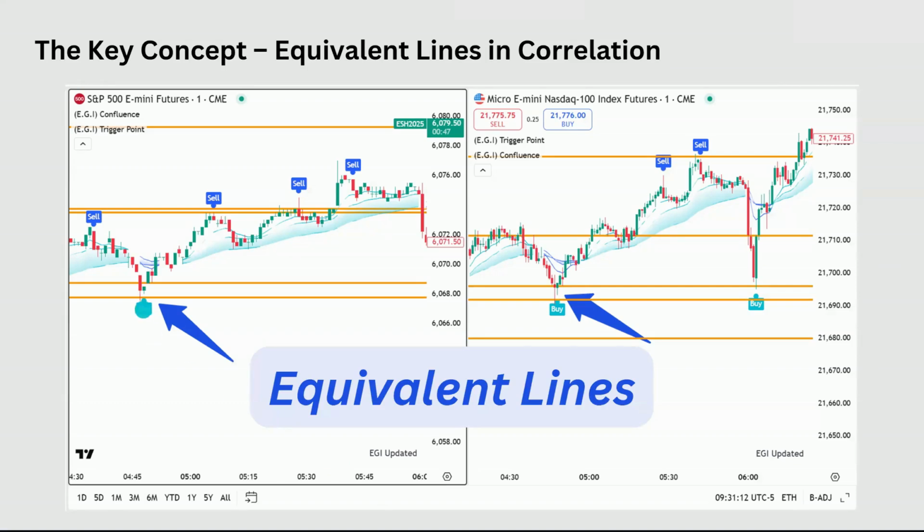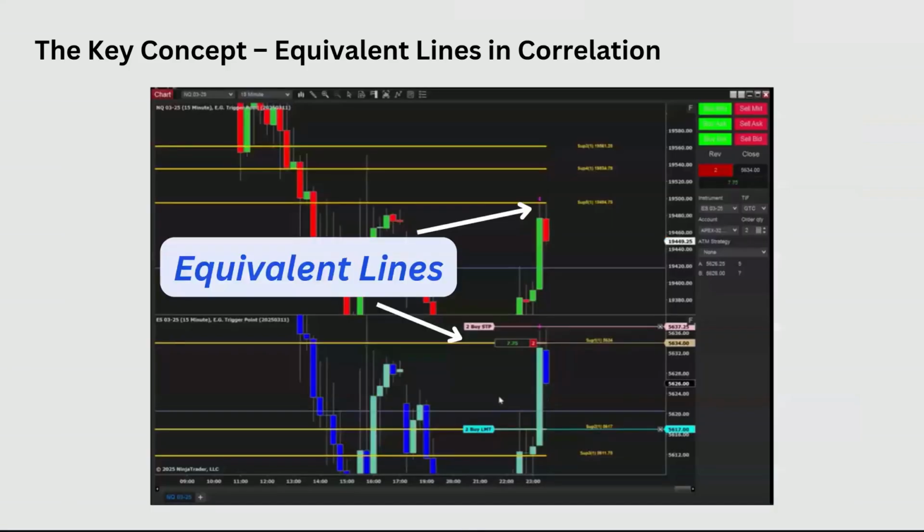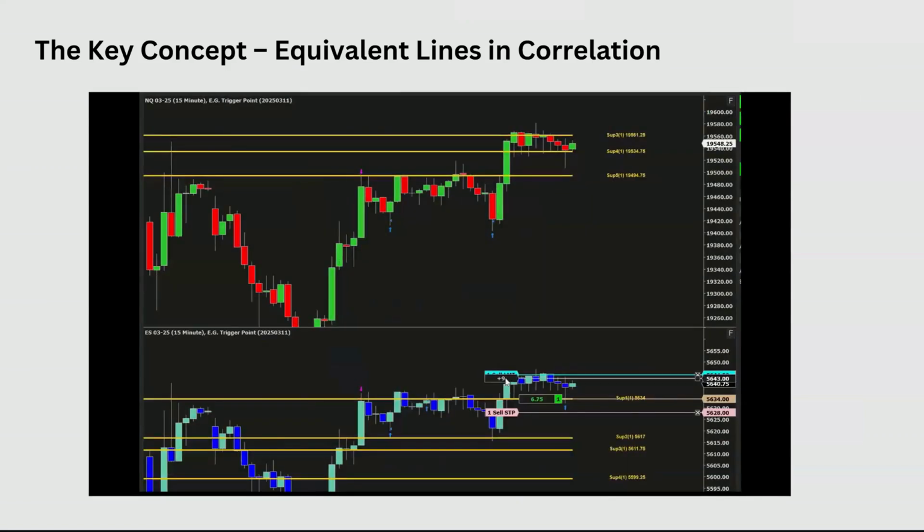In these examples, these lines are considered equivalent. Why? Because ES and NQ reached them together and bounced off. In this example, these lines are considered equivalent, providing me with A+ setup because both reached their resistance lines, these equivalent lines, together and bounced off.